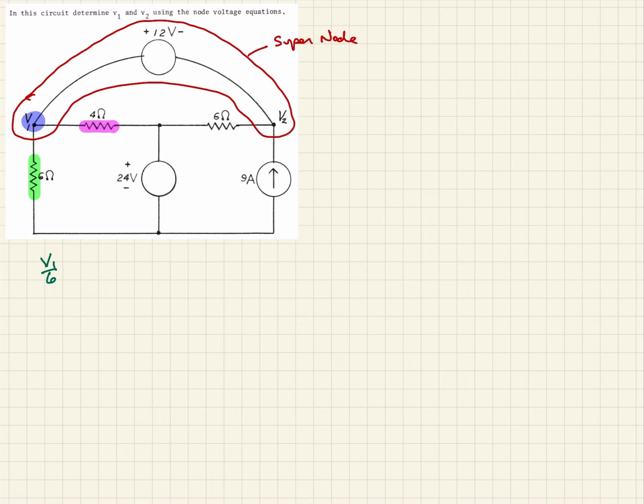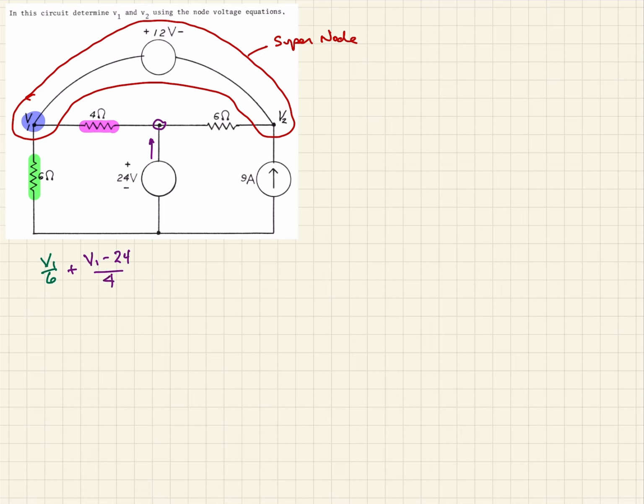And so to characterize that one, that's going to be the difference in the voltages. So that's going to be plus V1 minus, and see this node here is driven by this source. So it's 24 volts, so minus 24. And then that's over the ohms, which is 4 ohms.